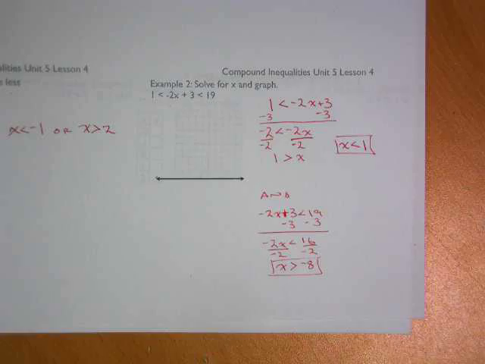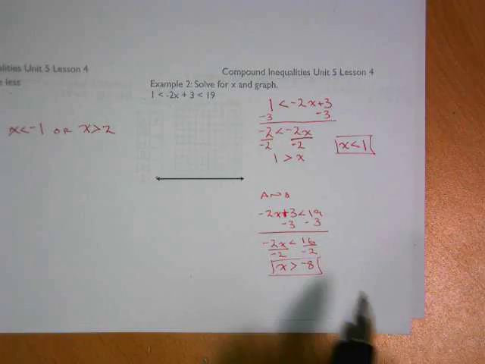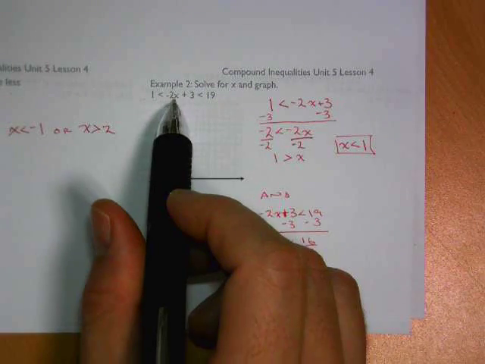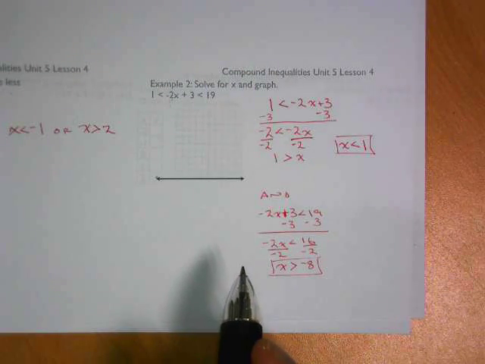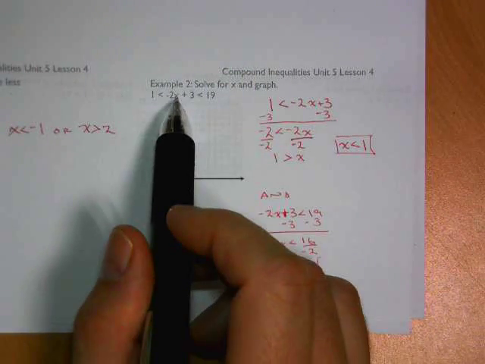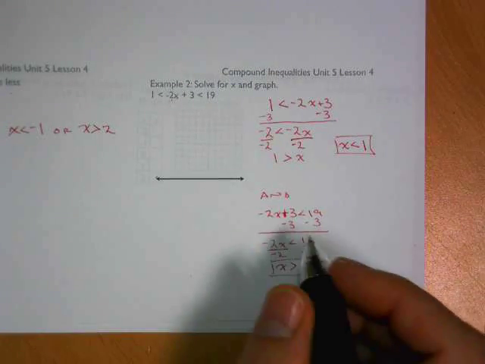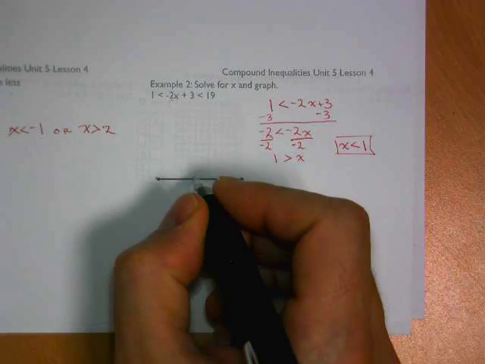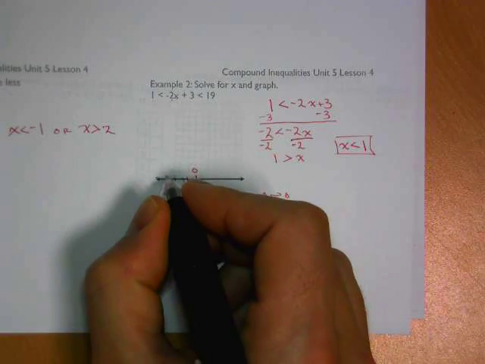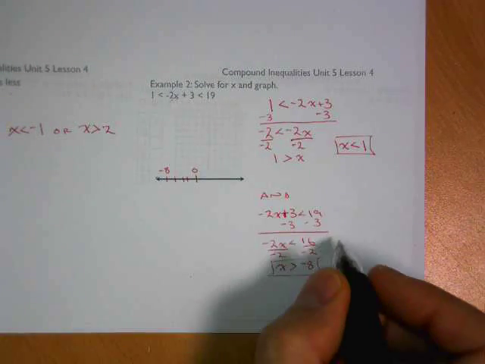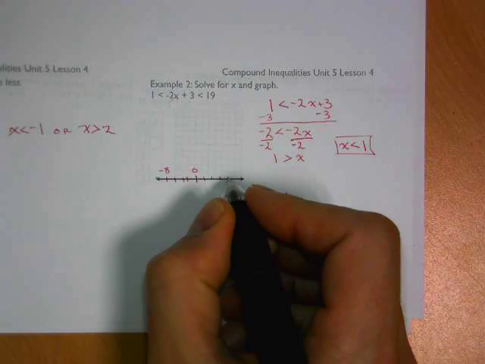So these are the two things, and I have to graph both of them, and of course these should come together. This is an example of an and inequality where x is in between two things. So let's see, maybe we'll go by 2's here. 2, 4, 6, negative 8, and 2, 4, 6, positive 8.